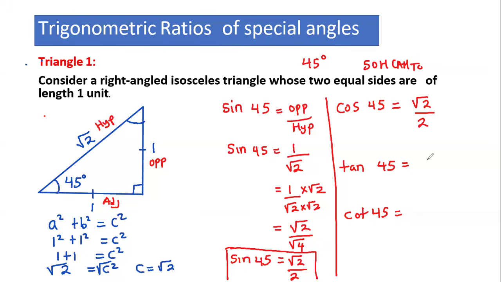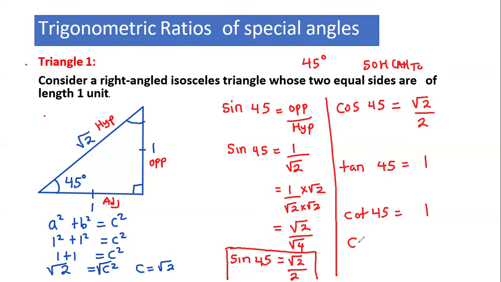Tan of 45, M is telling us is getting 1. Yes, Daniel? I'm getting 1 as well. Okay. What about cot of 45? Cot also 1. You are coming up with 1.